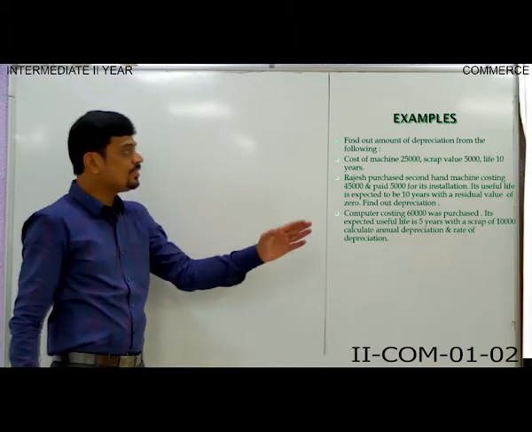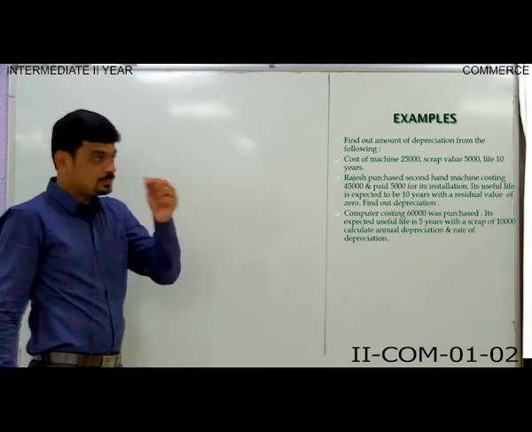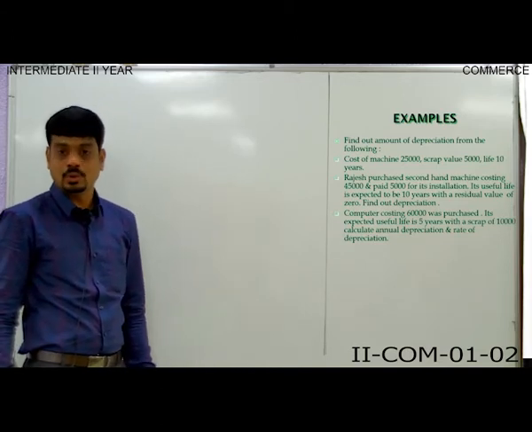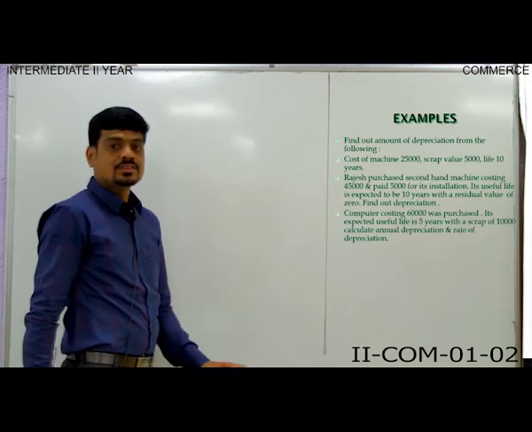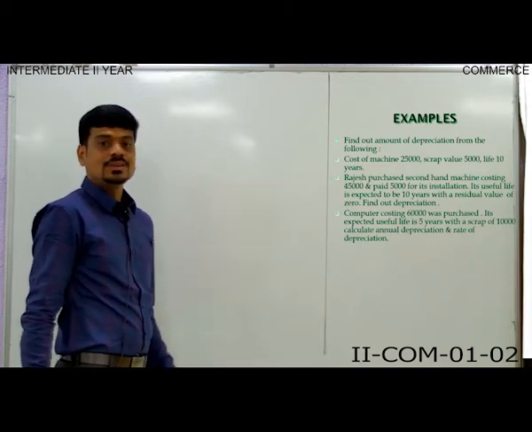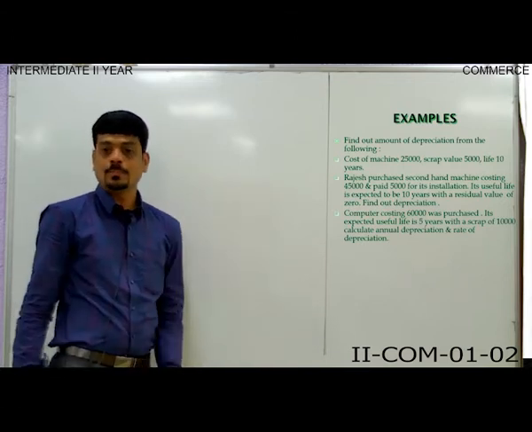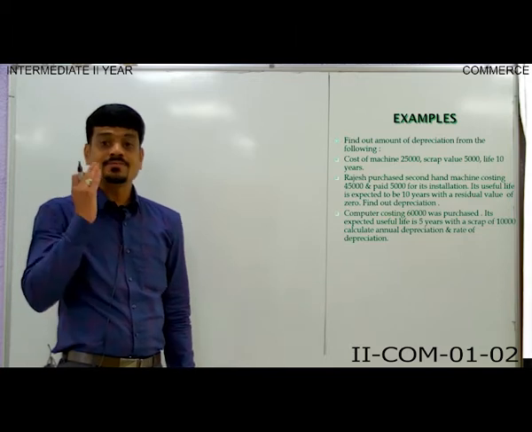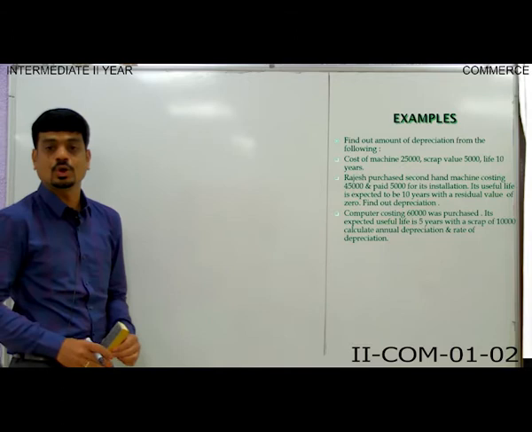Like question number 1, if you see, I asked you to find out the amount of depreciation from the following: cost of machine 25,000, scrap value 5,000, and the life is 10 years. Before solving the problem, it is very essential to go back and find out the 3 factors which I taught you.